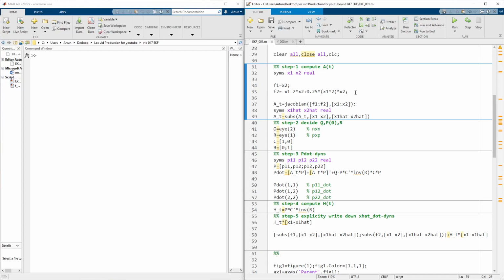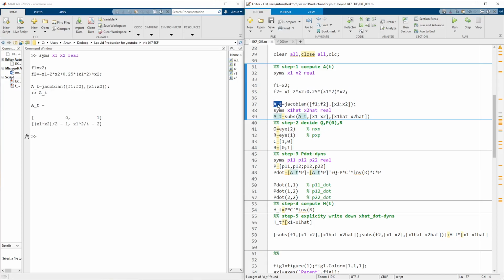Since there is no state in it, and we are only using f1 and f2 to create this Jacobian A of t term, it won't be much of a problem for us. Okay, so wait a sec, let's run it.